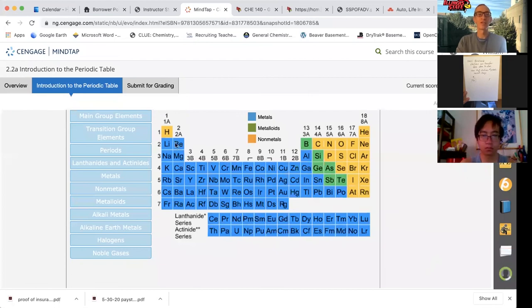So I'm going to transfer that electron from my sodium over here to the fluorine. The fluorine currently has 7 electrons: 1, 2, 3, 4, 5, 6, 7. By transferring it, it'll have 8 in its outer orbitals.